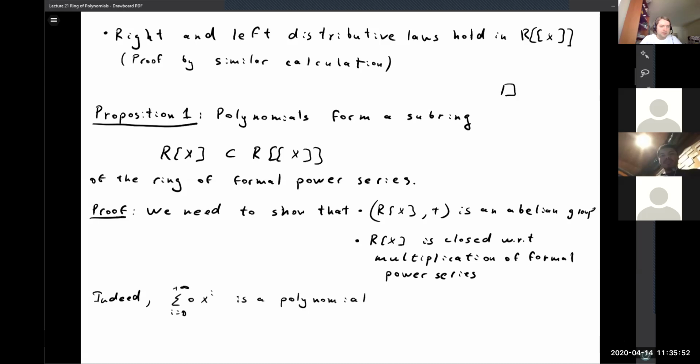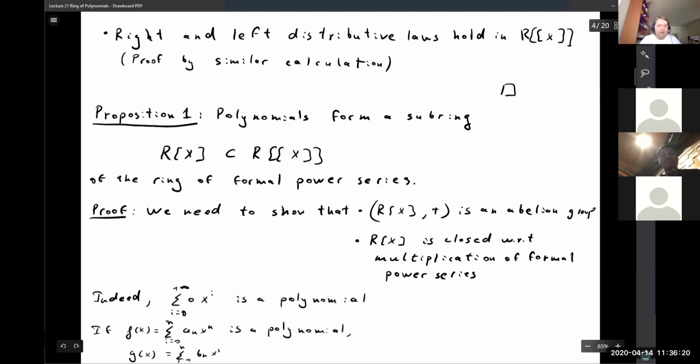Now, if f of x, the sum from 0 to n of a_n x^n, is a polynomial, and g of x, the sum from j equals 0 to m of b_m x^m, is also a polynomial.